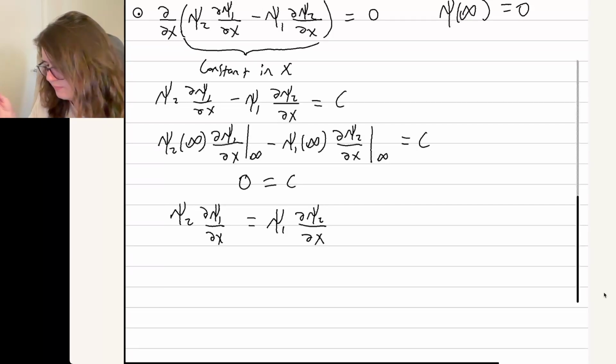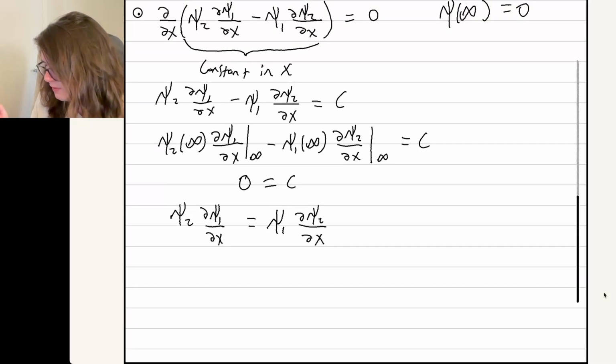And then you can do the same sort of trick where you see that this is a product rule, and then you just see that psi1 equals psi2, right?